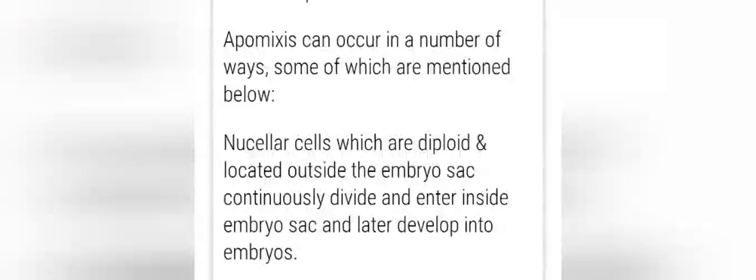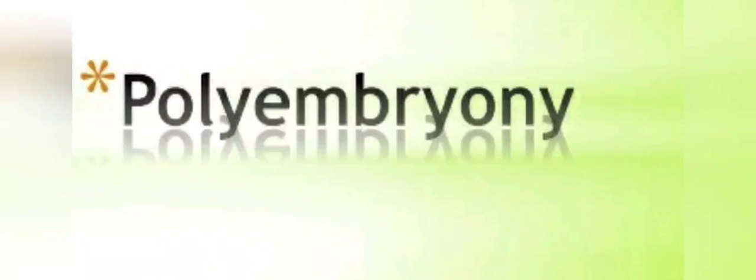Apomixis can occur in different ways, but here we will focus on only one way, where nucellar cells which are diploid start entering the embryo sac. So in one embryo sac many embryos are formed, and that condition is called polyembryony.